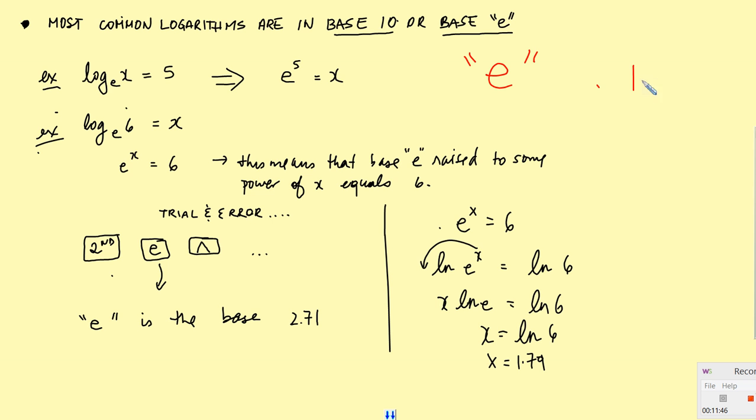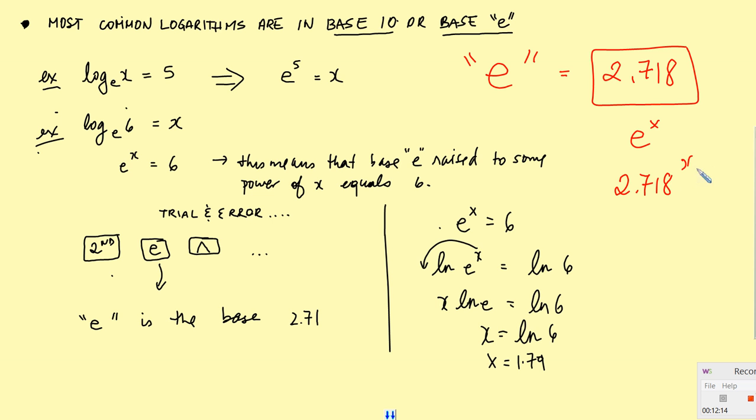So instead of calling it base 10, we have a new base that is written as e, and that e stands for a number which is 2.718. So 2.718 is a base. So if I say e raised to the power of x, it's 2.718 raised to the power of x.